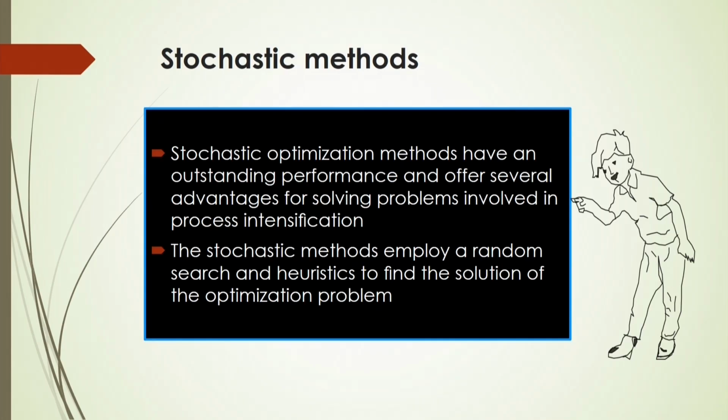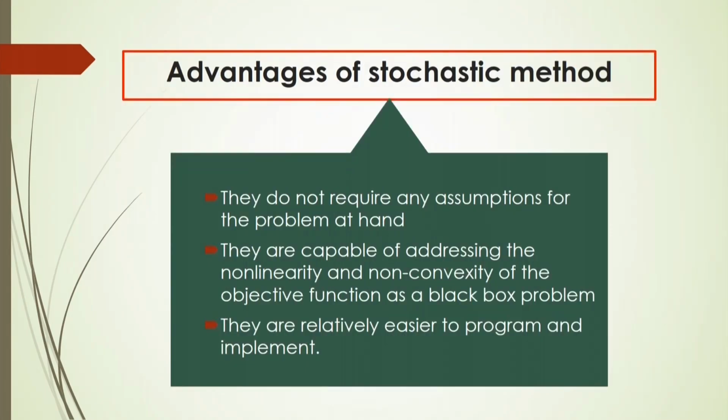So, you will find several advantages and disadvantages here, because in stochastic methods sometimes you have to search the random variables, and also consider some heuristics to find the solution of that optimization problem.